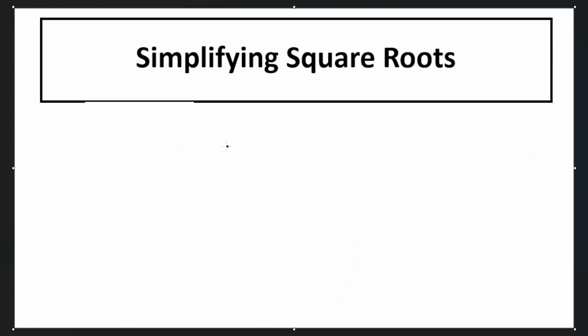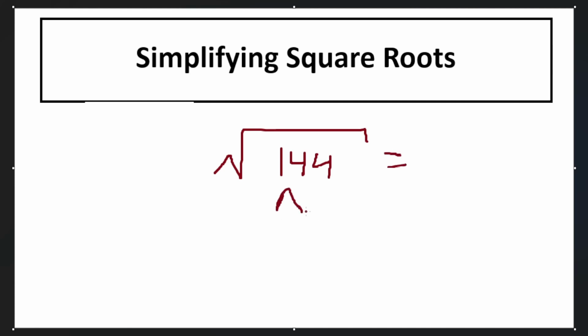Now we'll move on to the square root of 144. So for the square root of 144, you can do 144 divided by 2 and figure it out all the way down. But another thing to look at is if it is a perfect square root.